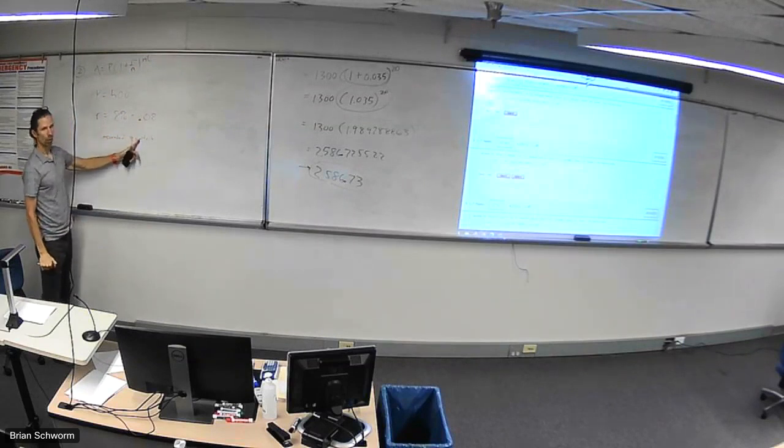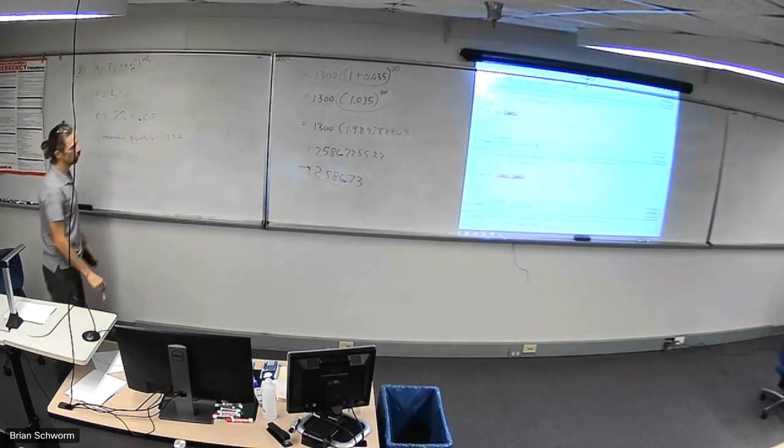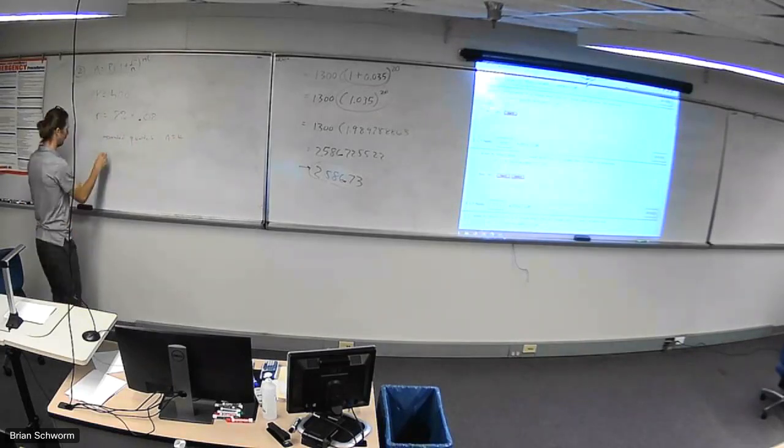So quarterly, a quarter's a fourth. That'd be 4 times a year. It's 4. And the time, 7 years.